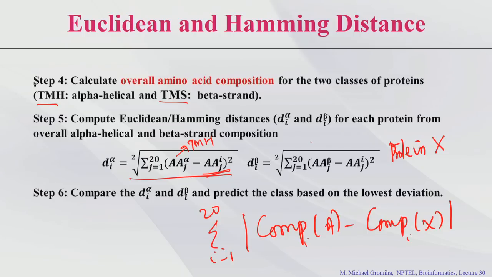Likewise you do it for the TMS and your query protein: get the difference, square the difference, sum up and take the square root, and then you get d alpha i and d beta i. Then you compare these two, d alpha i and d beta i, whether obtained from Euclidean distance or Hamming distance, and it will tell you whether your protein is TMS or TMH.